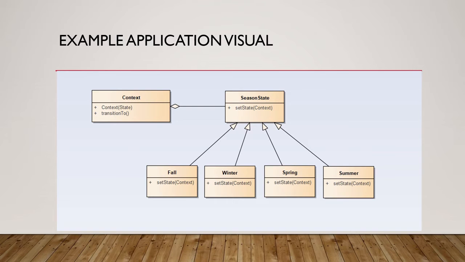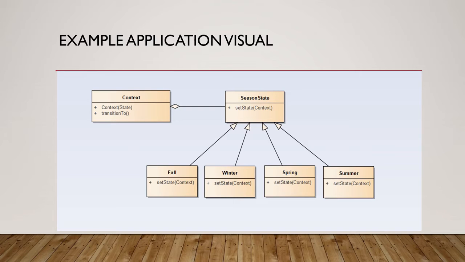So here we have a visual of this seasonal app. Again, we have the context, which defines the object's current state, and it will also act as an interface for the client. We have the season state class, which is our abstract state class.